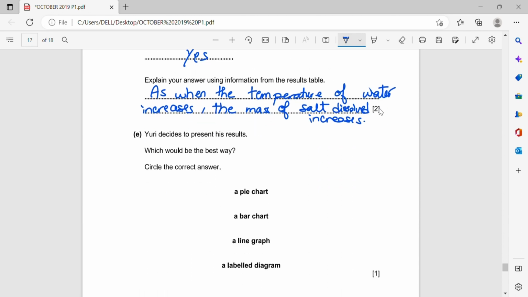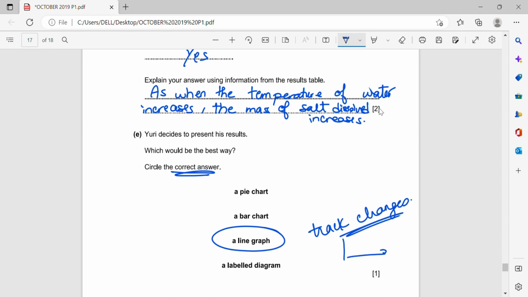Yuri decides to present his results. Which would be the best way? Circle the correct answer. If we want to track any changes, what is the most suitable representation for your results? We know what a line graph is. A line graph is used to track the changes.